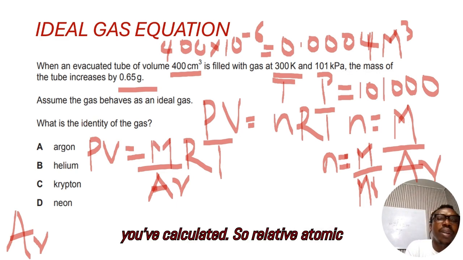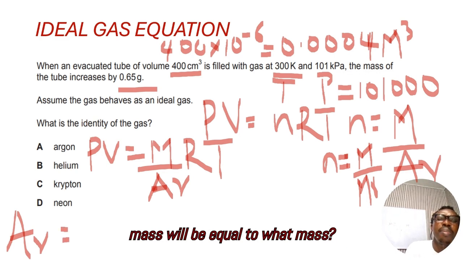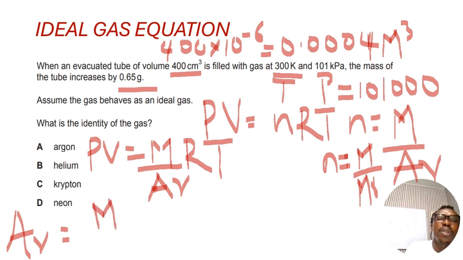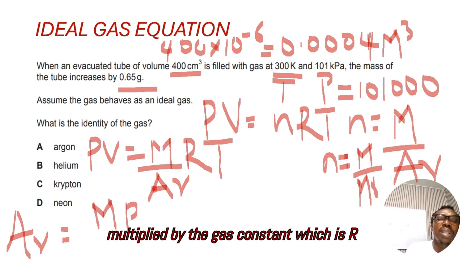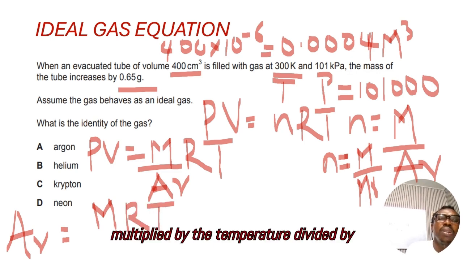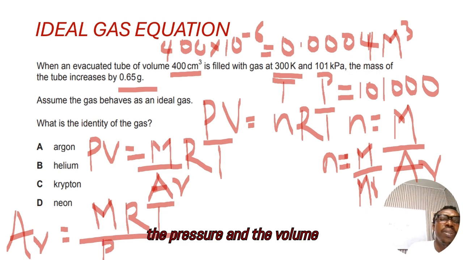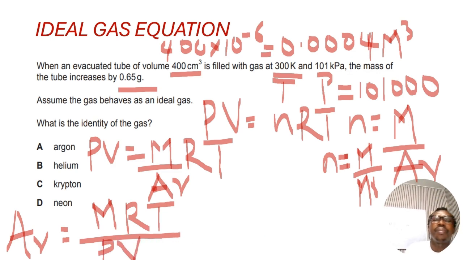So relative atomic mass will be equal to mass multiplied by the gas constant R, multiplied by the temperature, divided by the pressure and the volume.